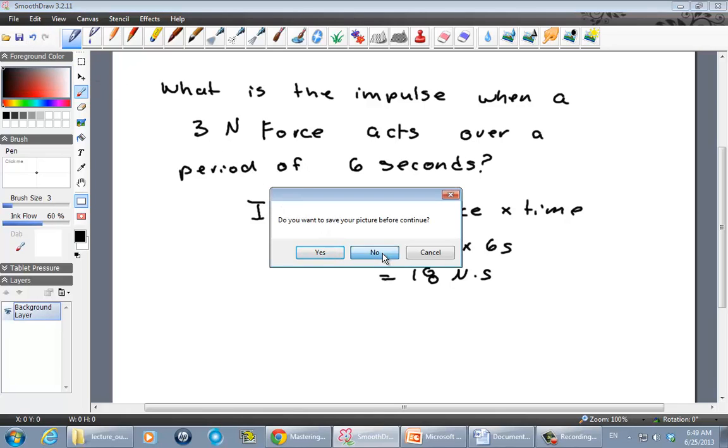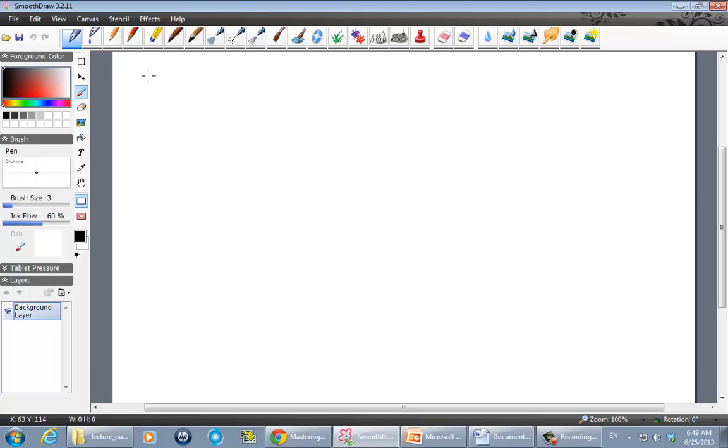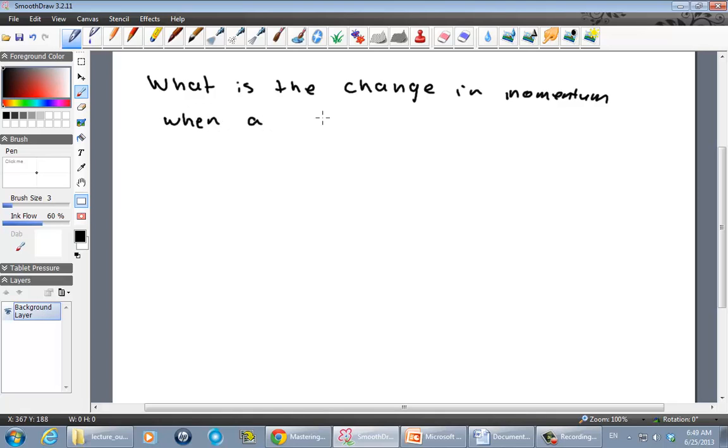All right, let's look at a change in momentum problem. What is the change in momentum when a 7 Newton force acts over a period of 4 seconds?